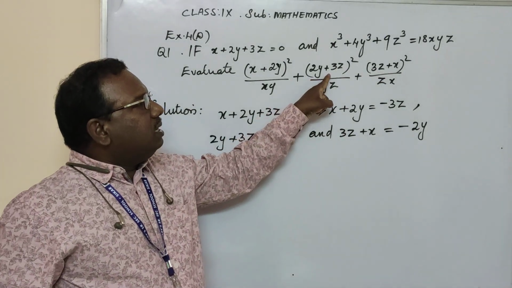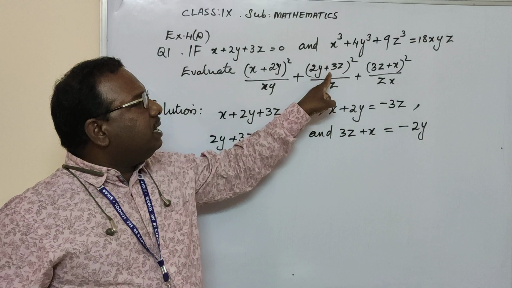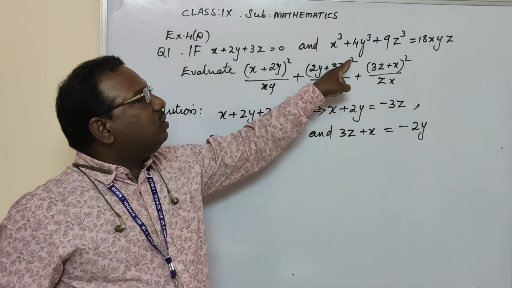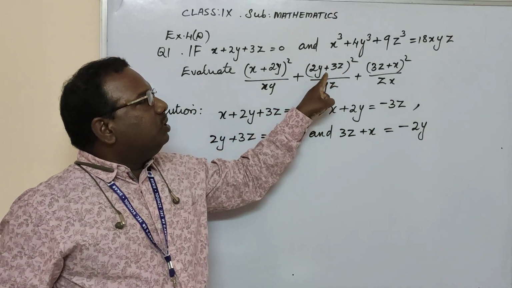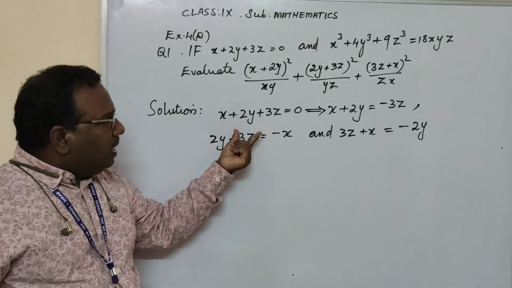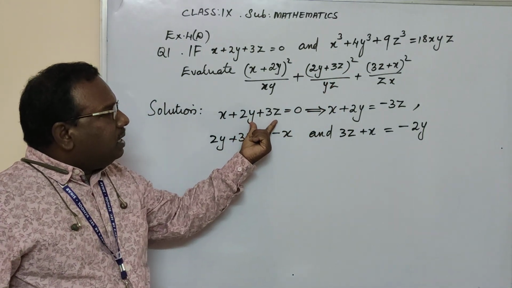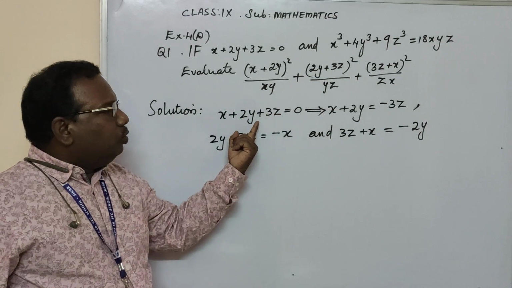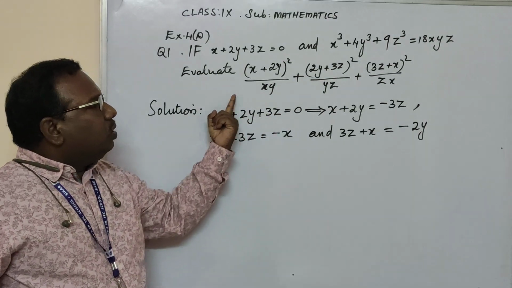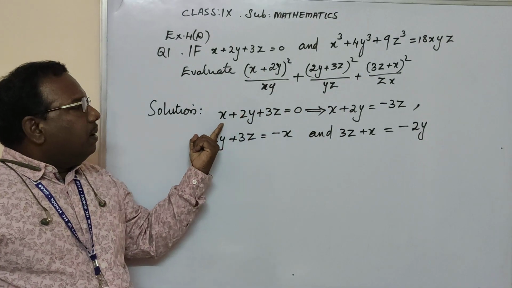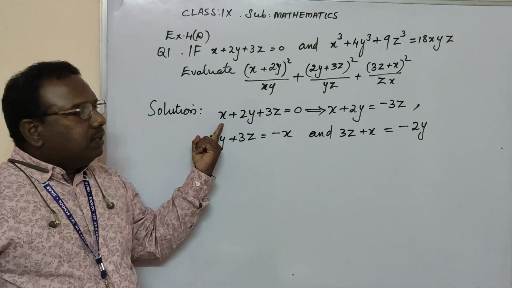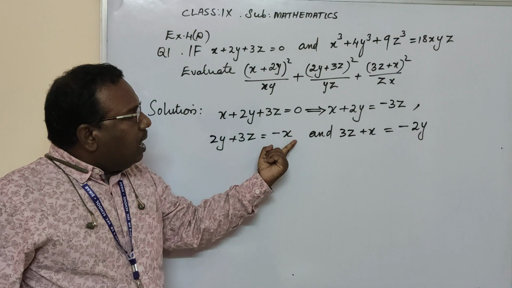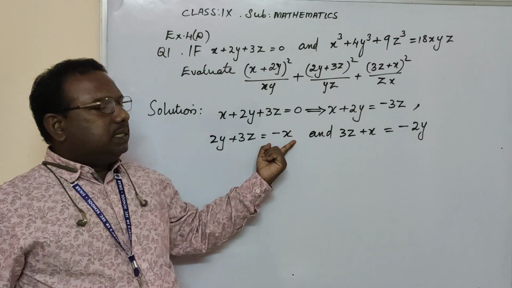Because in the second term, the numerator is 2y plus 3z whole square. We can find 2y plus 3z from this line. That is 2y plus 3z is equal to minus x. This plus x, when taken to RHS, becomes minus x.